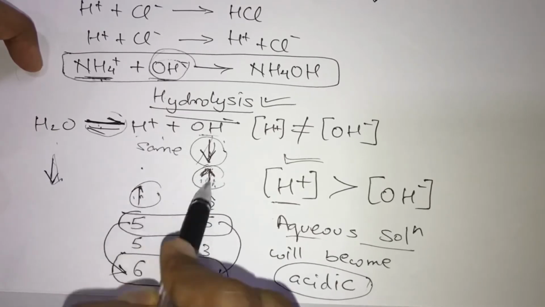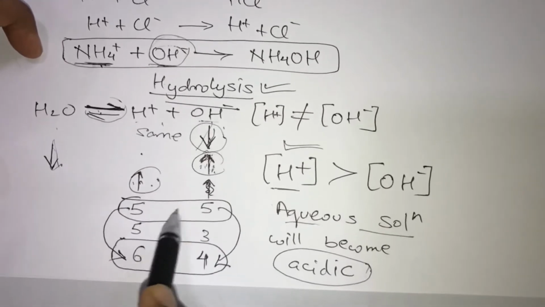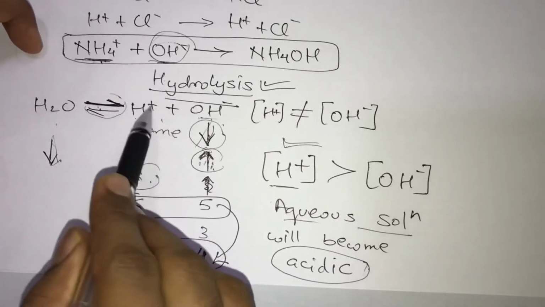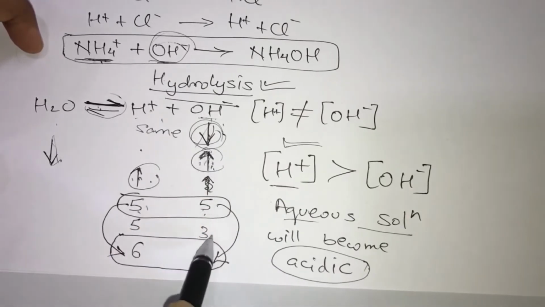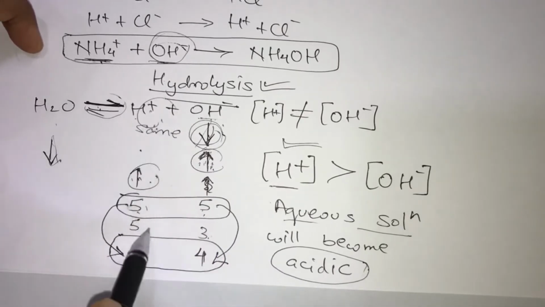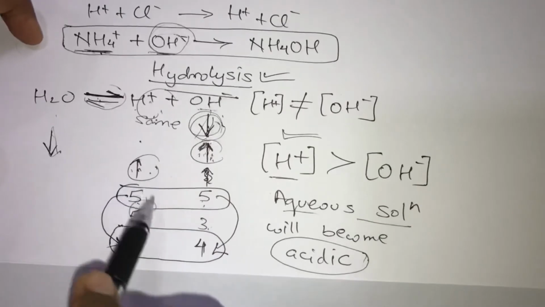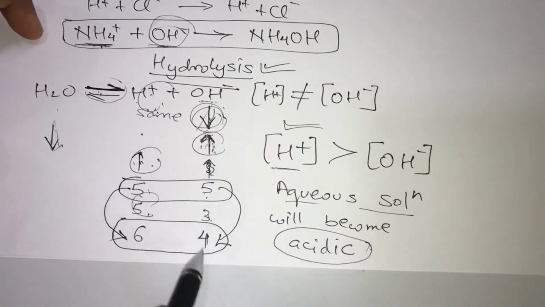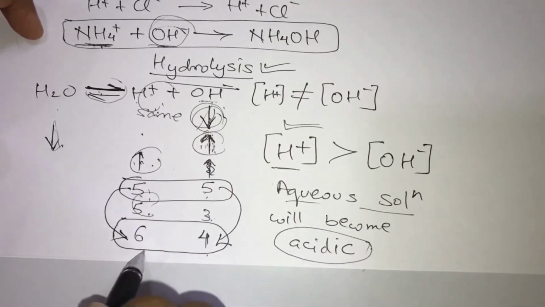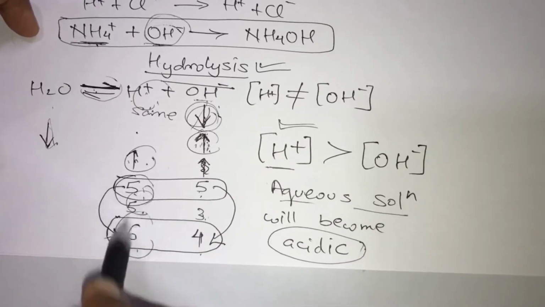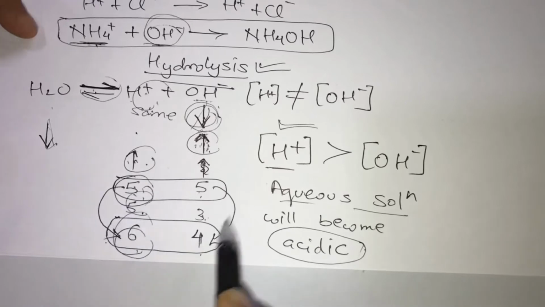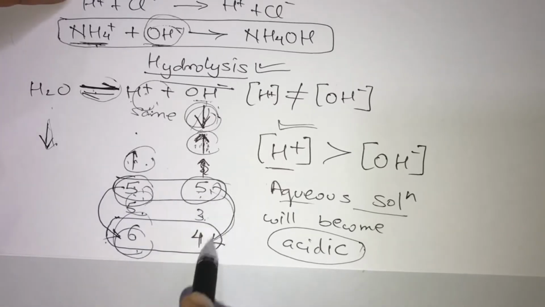And when H plus and OH minus increase, if you see over here, initially they were 5 moles. Afterwards OH minus decreased, it became 3, but H plus remained constant, 5 only. But after that, when OH minus was increased by +1, H plus was also increased. So the ultimate conclusion is that your H plus is increasing from 5 to 6 and your OH minus is decreasing from 5 to 4.